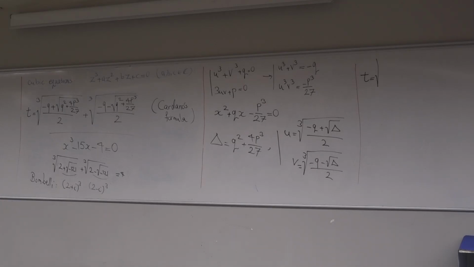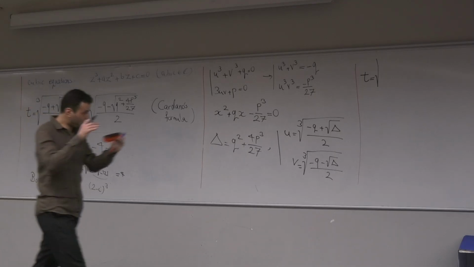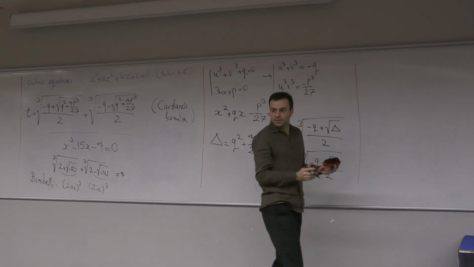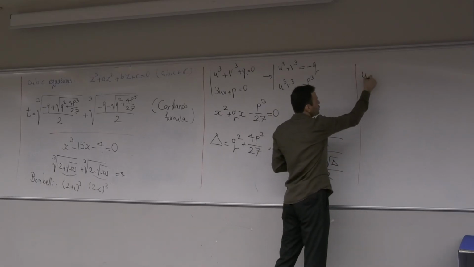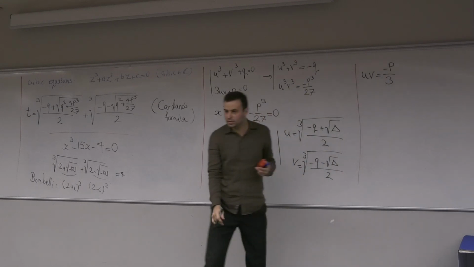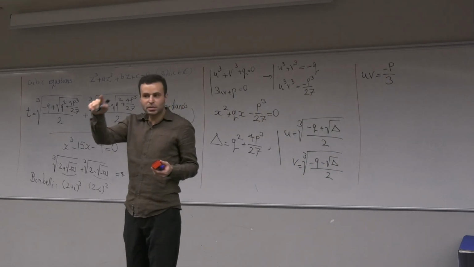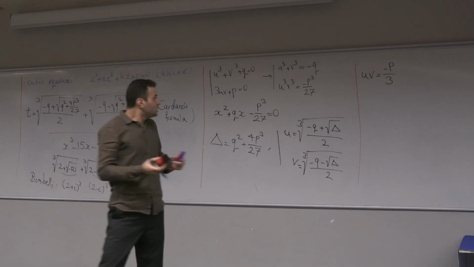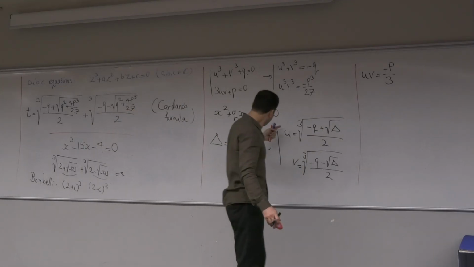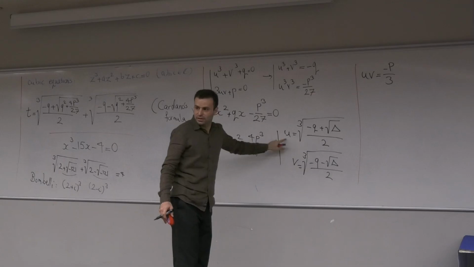The thing is that we had some additional expectation that we had imposed on this u and v, right? We said that let's select them in such a way that uv is going to be minus p divided by 3. Do you remember this? Or 3 times uv plus p is equal to 0. This is going to help us to find the true ones that we can go with.